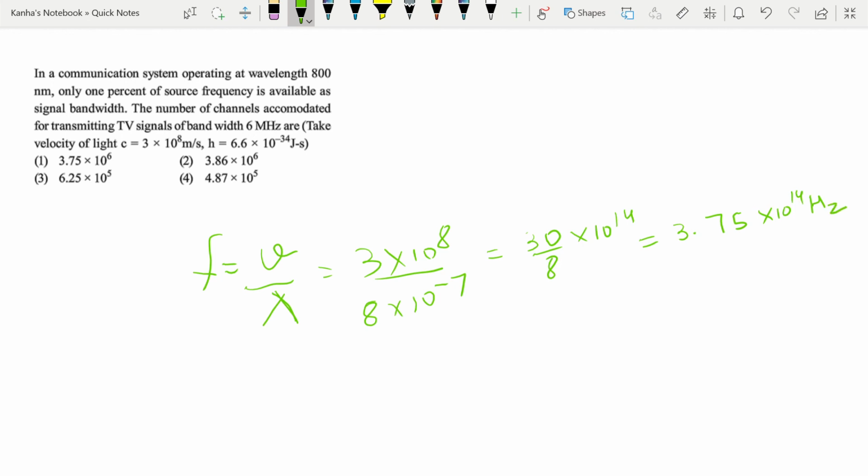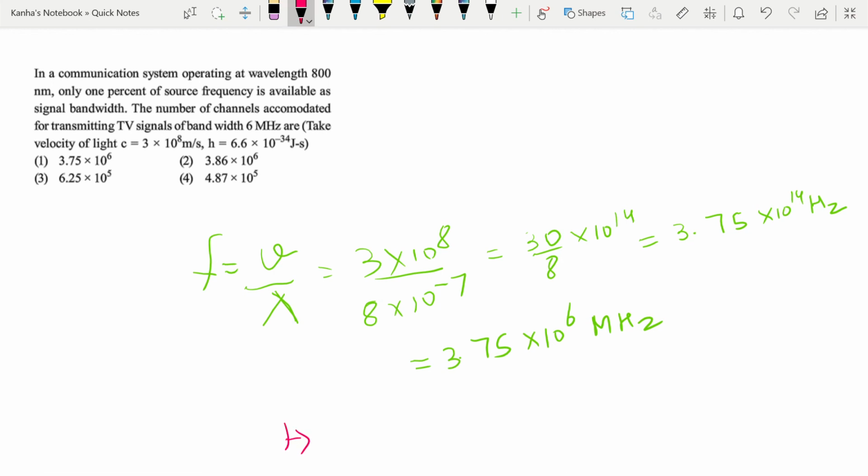When I try to convert this to megahertz, I can write this simply as 3.75 into 10 to the power 6 MHz.